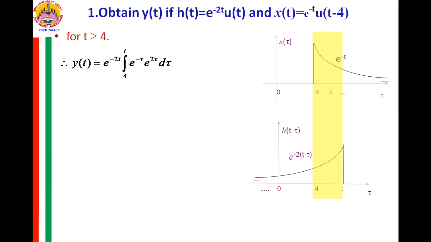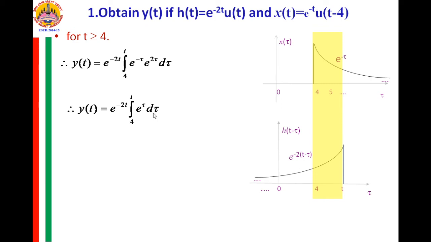Thus for t greater than 0 we are evaluating. I take e raised to minus 2t outside, so inside it is minus minus plus, this becomes e raised to 2 tau. Now this is e raised to minus tau and this is e raised to plus 2 tau, so if you combine this together, this is e raised to tau. So it is e raised to minus 2t, integration from 4 to t of e raised to tau d tau. Now what is the integration of e raised to tau with respect to tau?